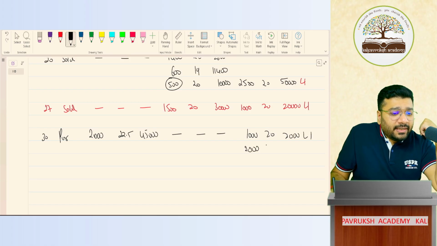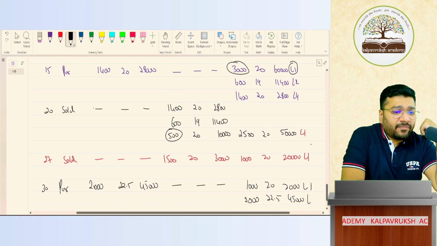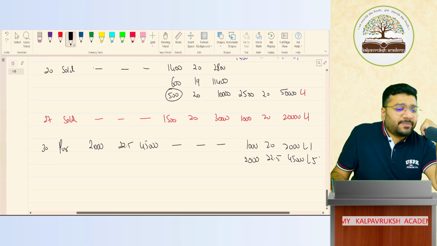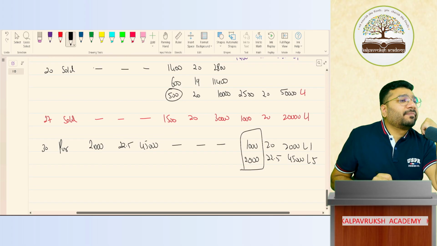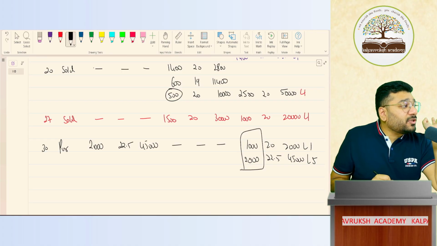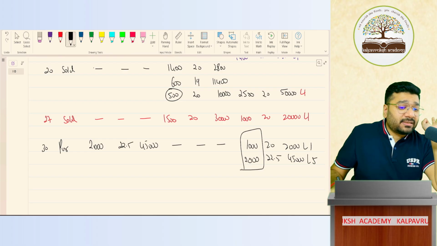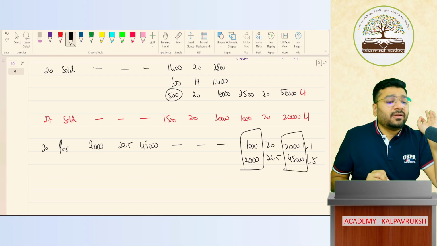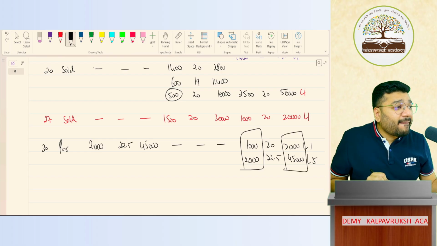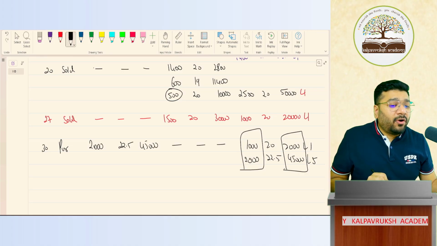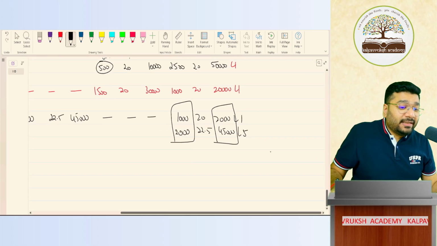Then 2,000 into 22.5, which is 45,000 of lot 5. L1, L5 spending. Total quantity is how much? 3,000, which is coming because of the perpetual system on a real-time basis. And its corresponding cost is 45,000 plus 20,000, 65,000.